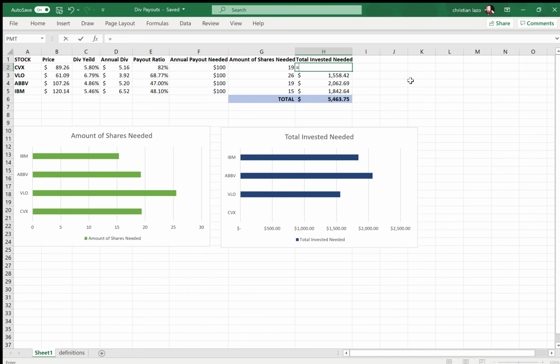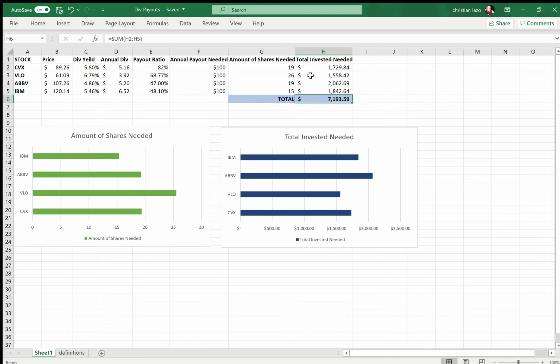You're going to put the equal sign here, and now that we know how many shares we have, click that. Multiply it by the price, and that gives you $1,729.84. So with the rest of the stocks, they're already done, as you can see here.